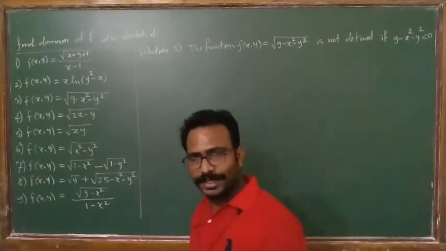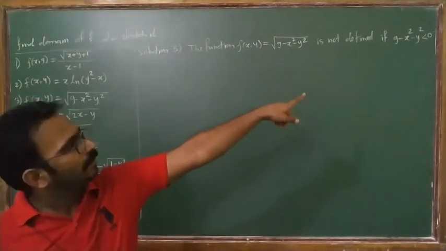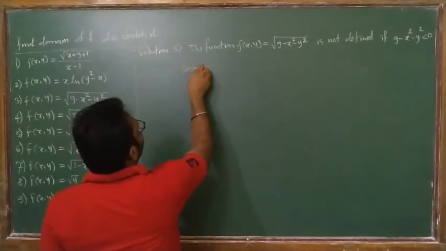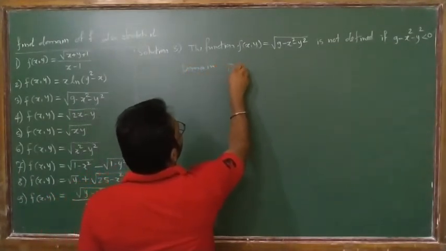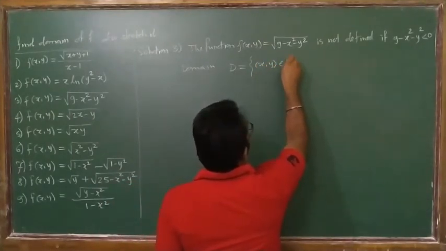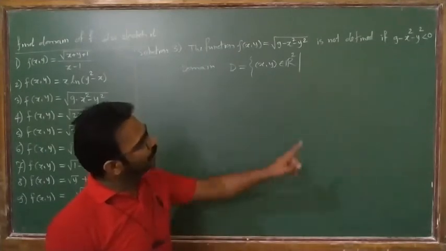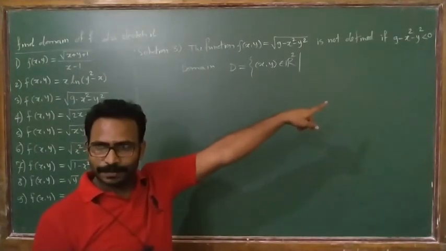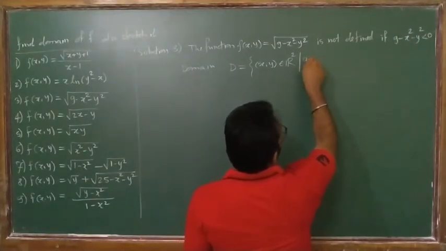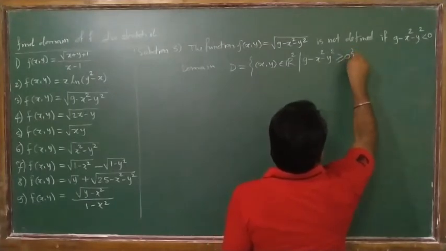So what should be the domain? What should be the restriction? This should be the restriction. The quantity should not be negative. Therefore, what would be the domain? It would be the collection of ordered pairs from R2 for which the quantity should not be negative. It means the quantity should be positive or 0, greater or equal to 0.